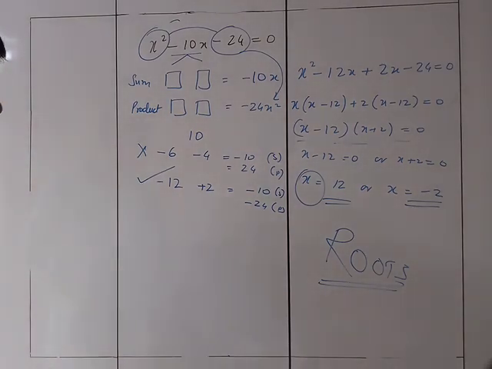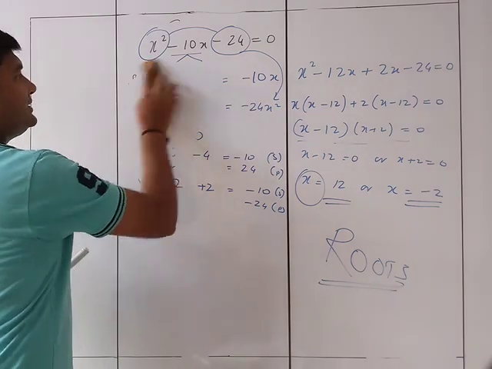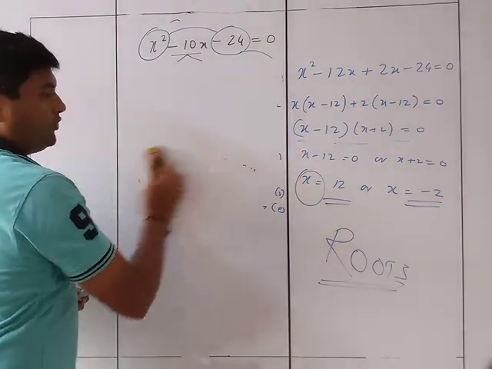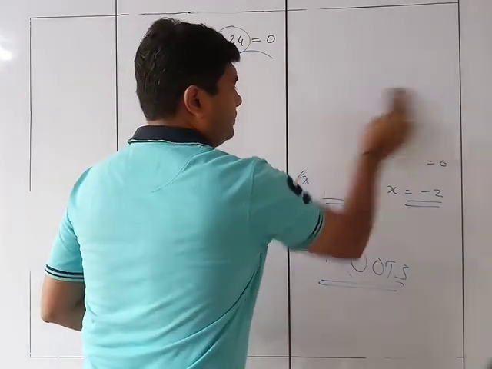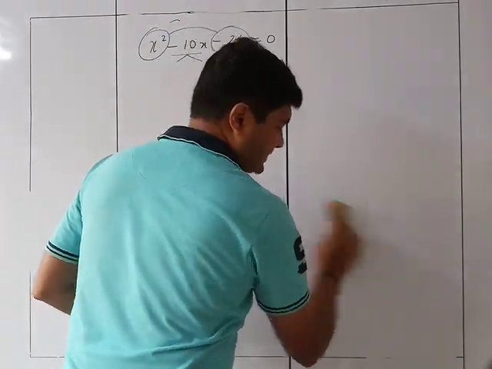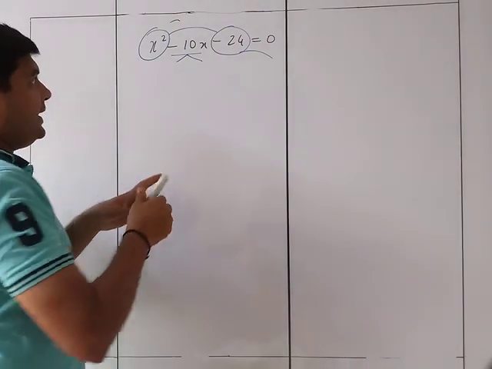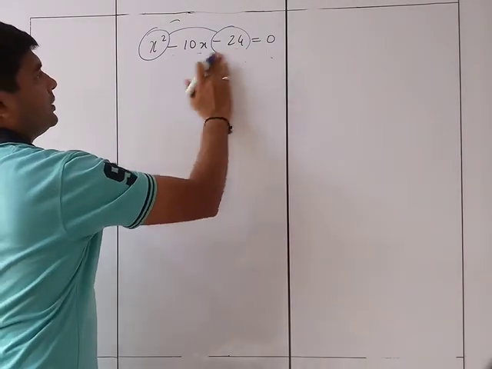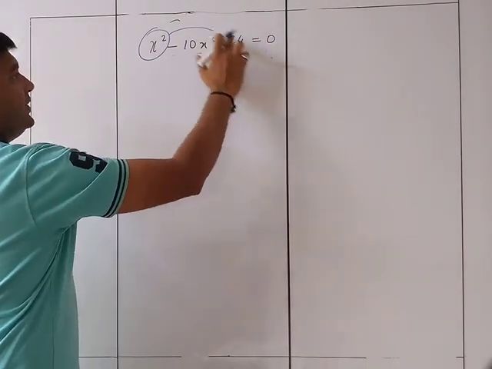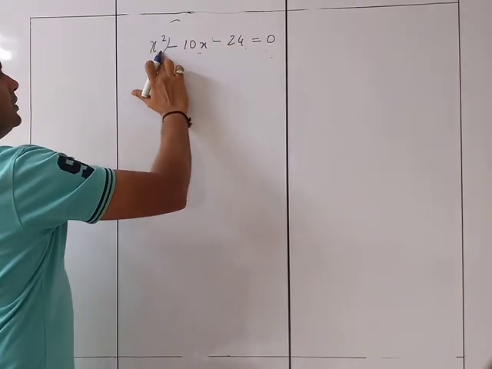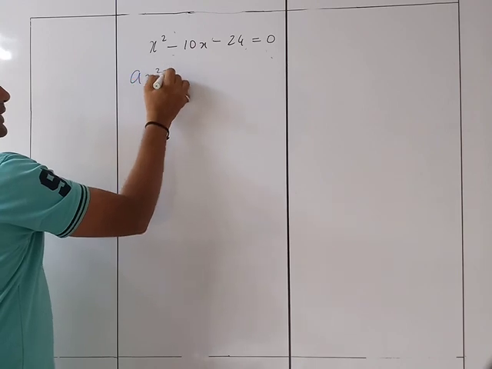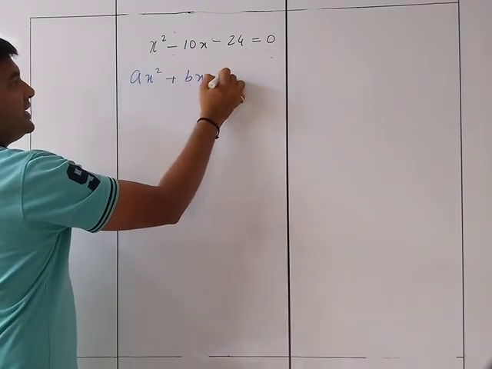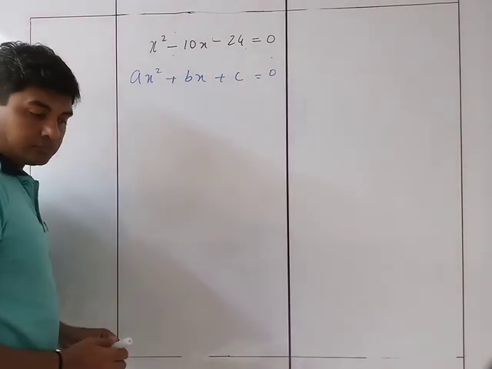Now let's see the next method, which is called the formula method. In the formula method, the first and foremost thing is that we need to compare the given equation with the standard equation, that is ax square plus bx plus c is equal to 0.